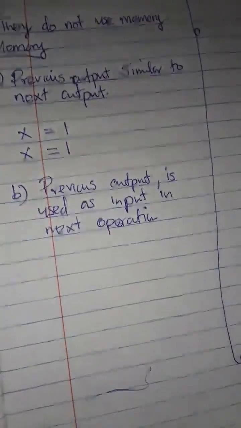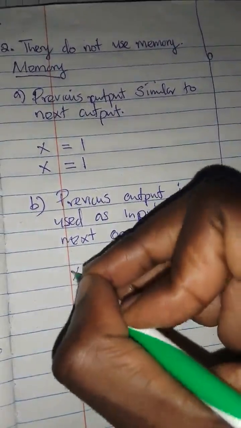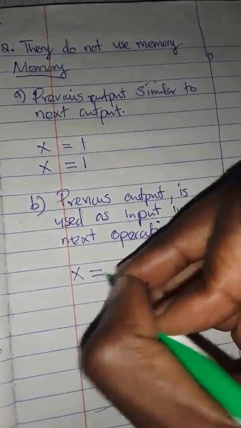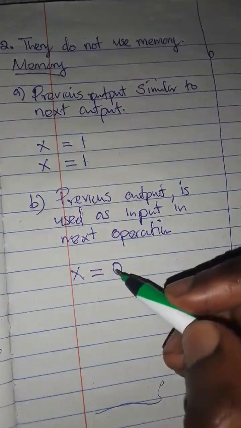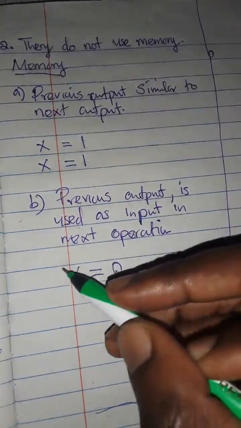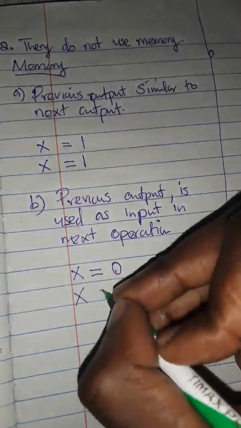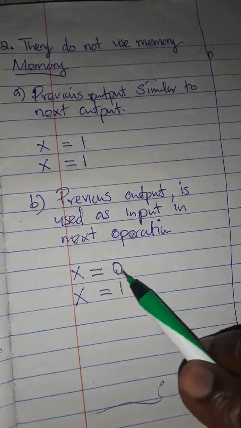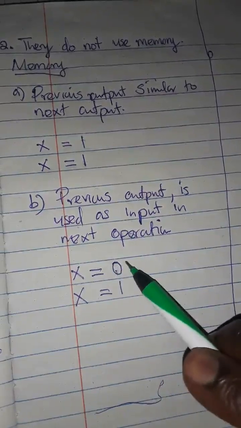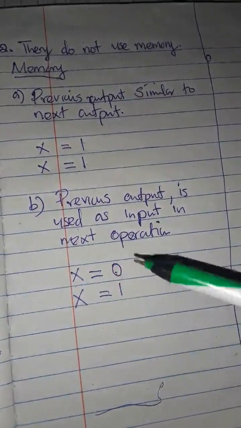So when you have a circuit that functions in such a way that, let's say, the first output of X was 0, and then you use this 0 as an input to get the next output of 1, that is what you call memory. Whenever you use the output of a calculation as an input in the next calculation, that is memory.